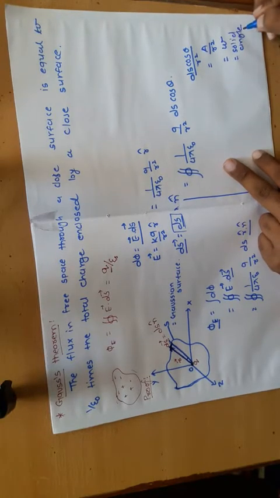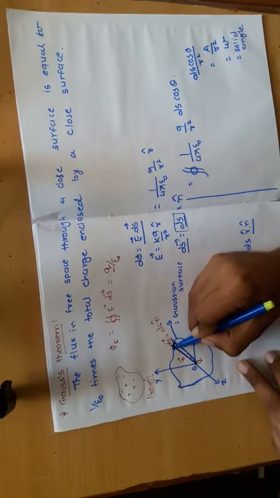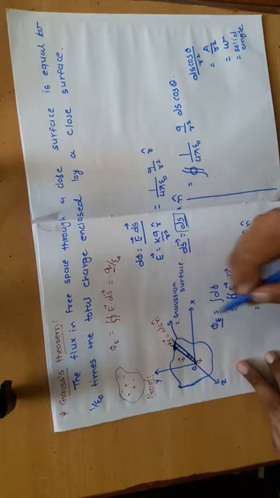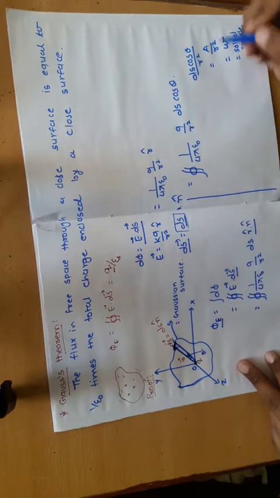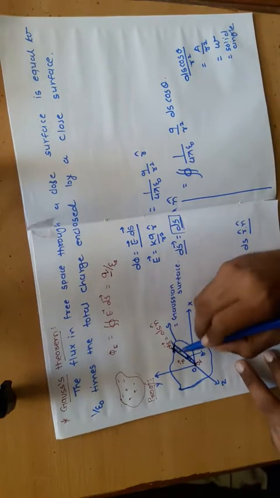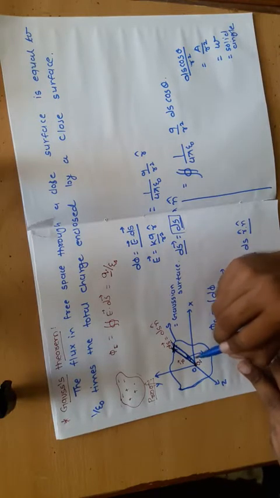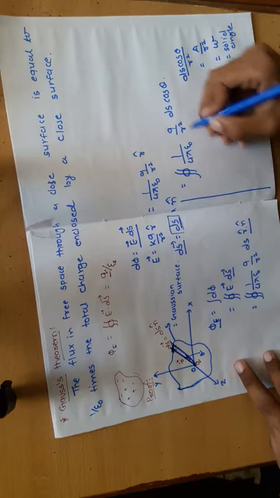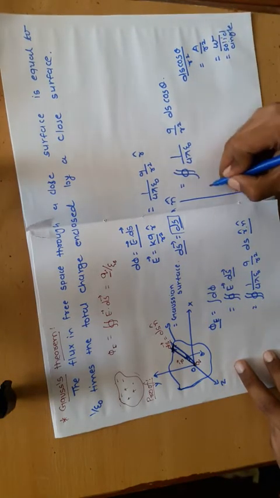This is the theta. So this solid angle is subtended by this ds at the origin point, or at the q. So ds cos theta upon r square I can write as omega.